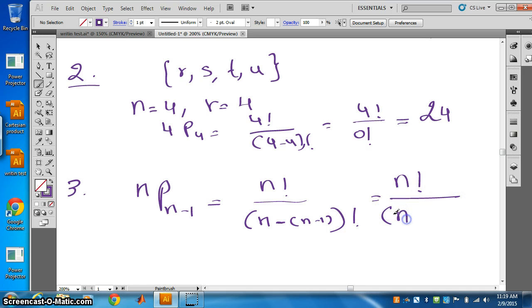So you will get n minus n plus 1. This will cancel, so factorial 1. Factorial 1 is 1 only. So the answer is factorial n.